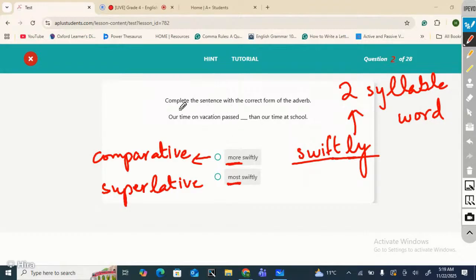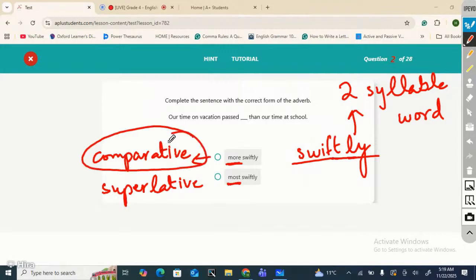Okay, so I will tell you. Our time on vacation passed blank than our time at school. So the time passed on vacation is compared to the time passed at school. How many actions are compared? Two. If you have to compare how two actions are done, which adverb is used?